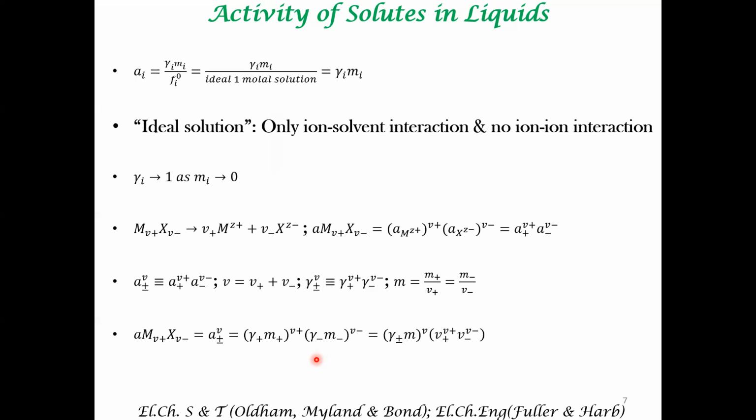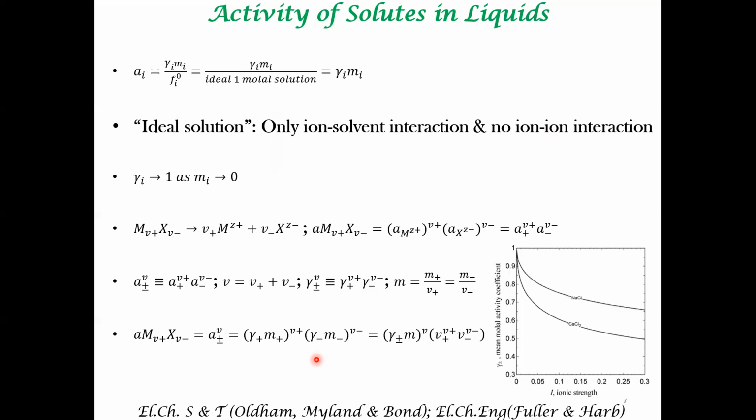They have to be obtained only via introduction of a salt. So all the models that you build, we'll look at one particular model at least, and the experiments you do correspond to obtaining the mean molar activity coefficient. That is this quantity, gamma plus minus.